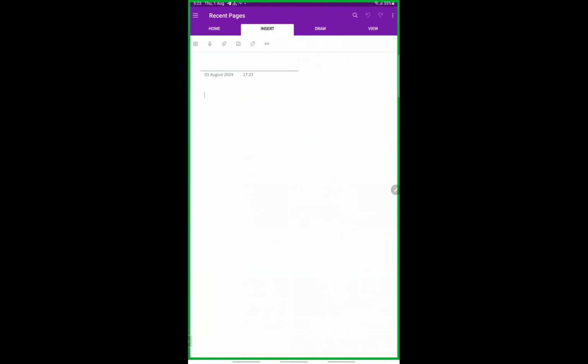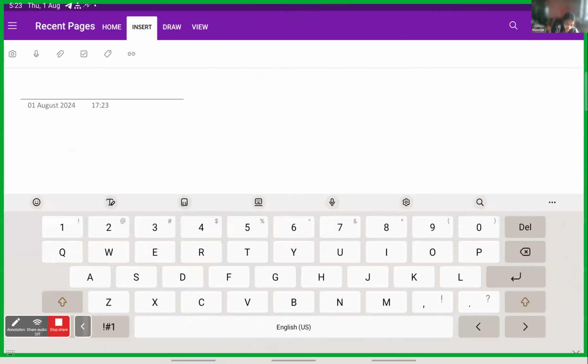Data handling, till where we discussed, if someone remembers. So we did the steps of data handling. That was the last topic.